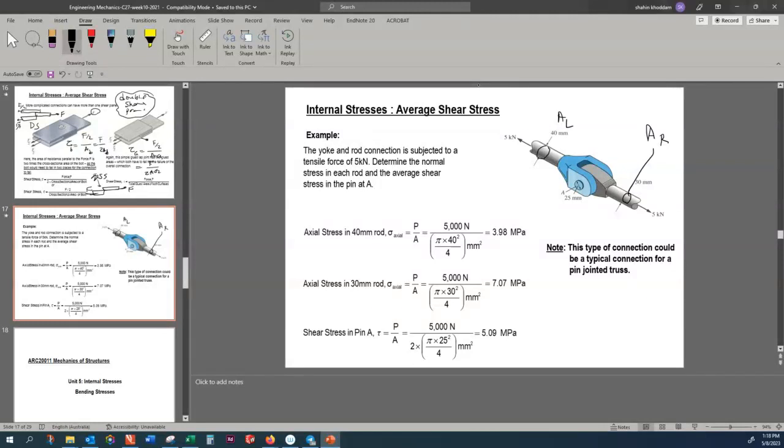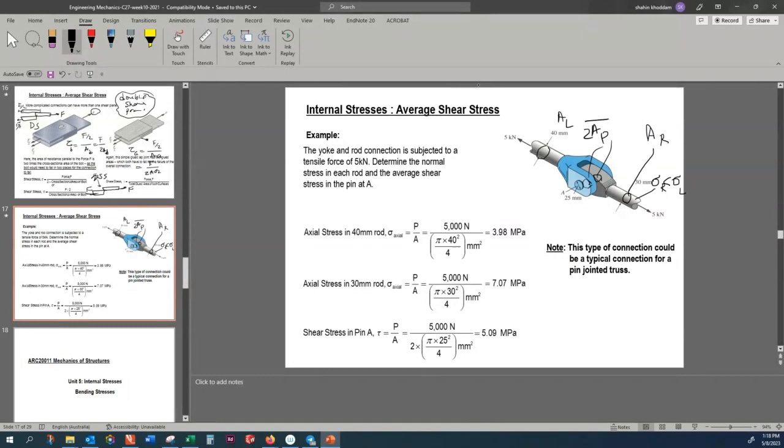And here I can see that the stress over here is smaller than the stress over left, okay? And then what happens within this pin? The pin is subjected to double shear. So one shear over here, another shear over there. So two areas here, area of pin.